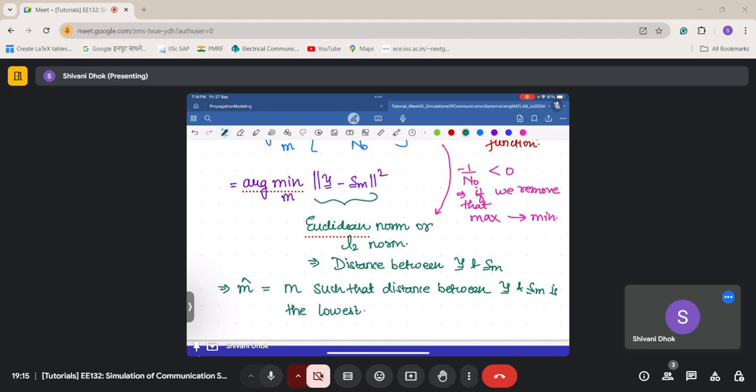Which means the ML rule is equivalent to the minimum distance rule.